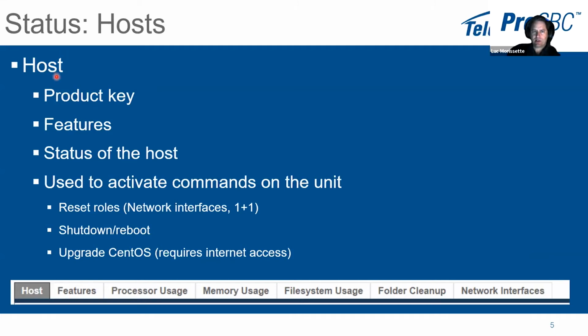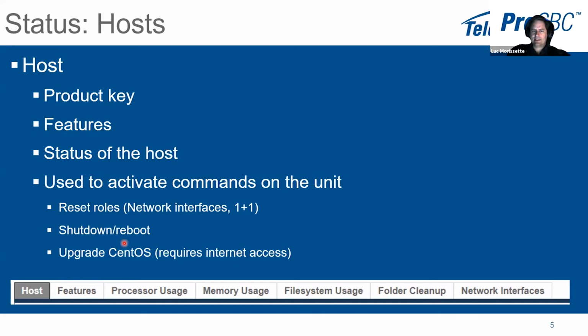In the host section, we saw here you can get the features that are supported by this SBC, and the product key of the SBC, which is important because that's how we reference it in our internal systems. Status of the servers.